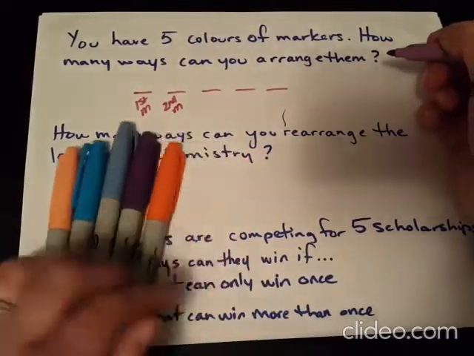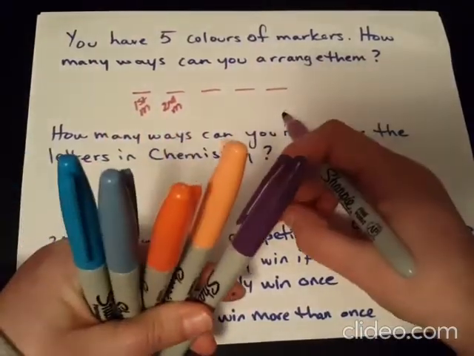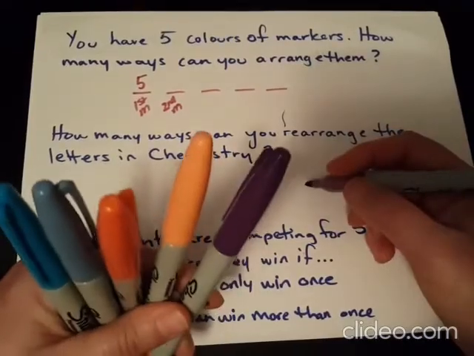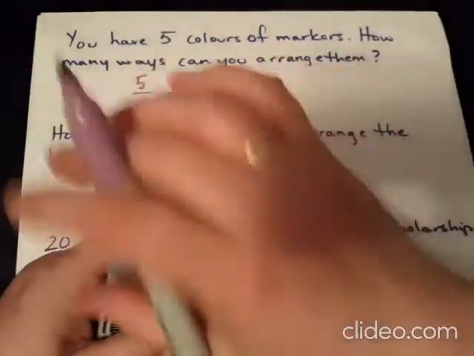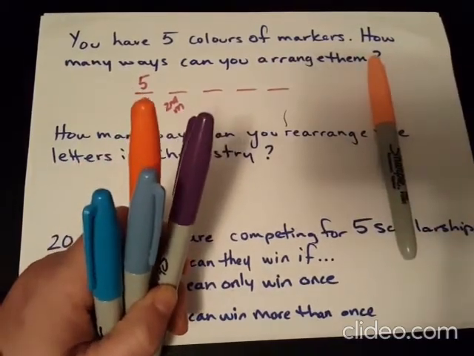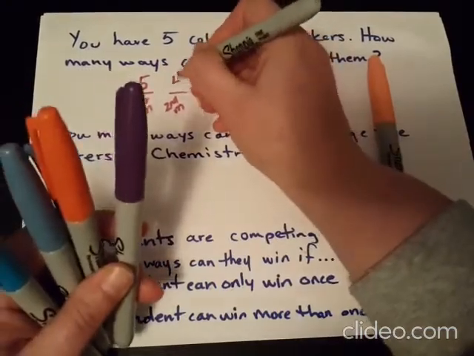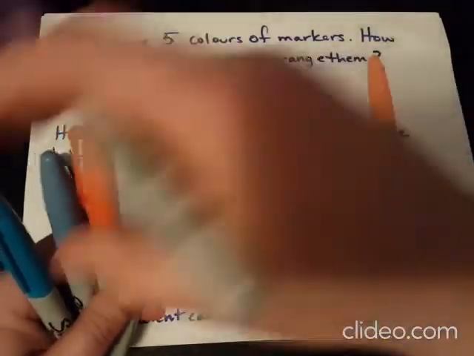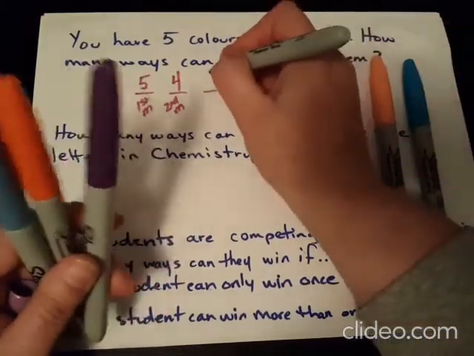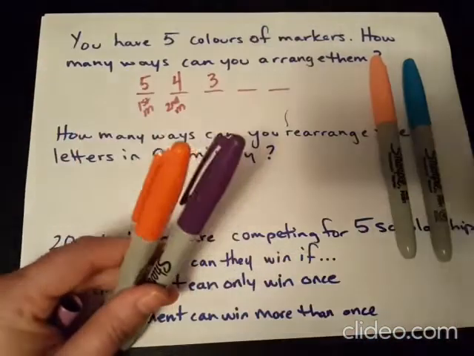So right now for the first marker, I have 5 to choose from. So there's 5 different things that could be in the first spot. So I'm going to pick this one. That's my first marker now. Now, for my second marker, I only have 4 left to pick from. So any of those 4, I'm going to pick this one. Great. Now, for the third marker, there's 3 choices left.